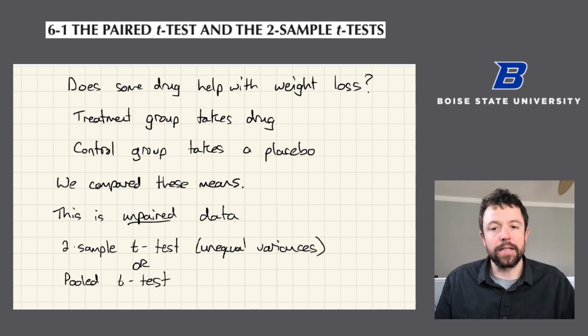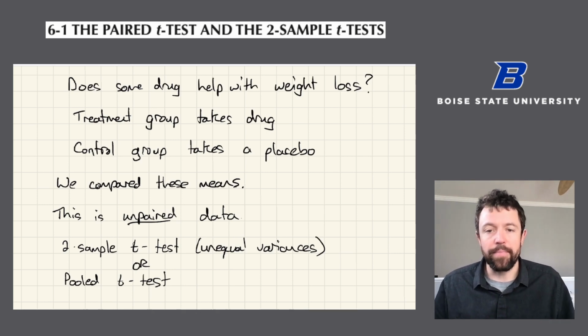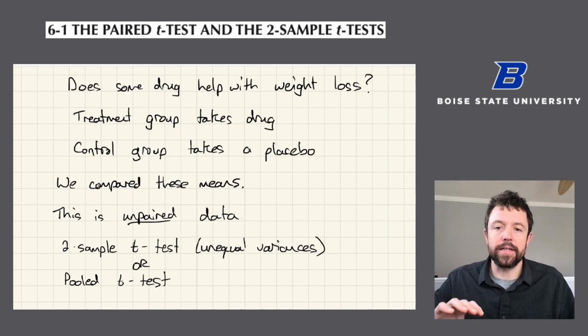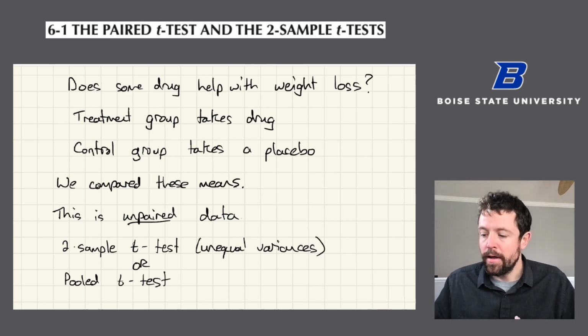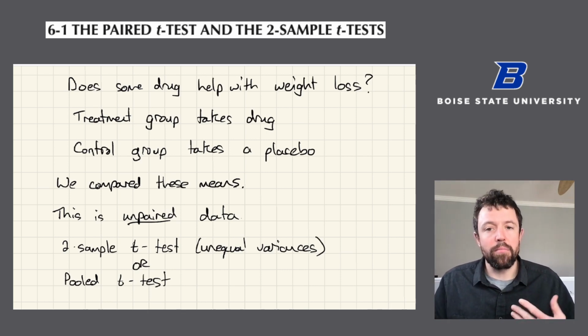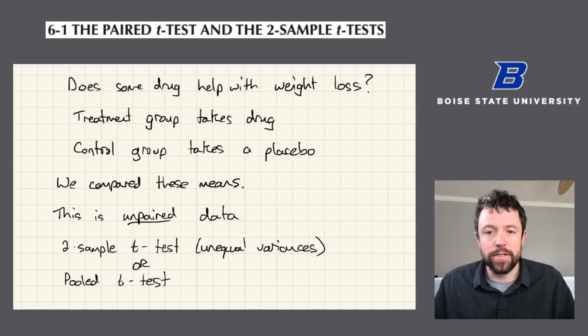Now, as I said at the beginning of this video, this is a long section. We cover six procedures, right? We have three different underlying ideas, and we have a hypothesis test and a confidence interval for each. The goal of this section is mostly to teach you how to do the procedures. And so what I would say is when you're doing this section, that should be your main focus.